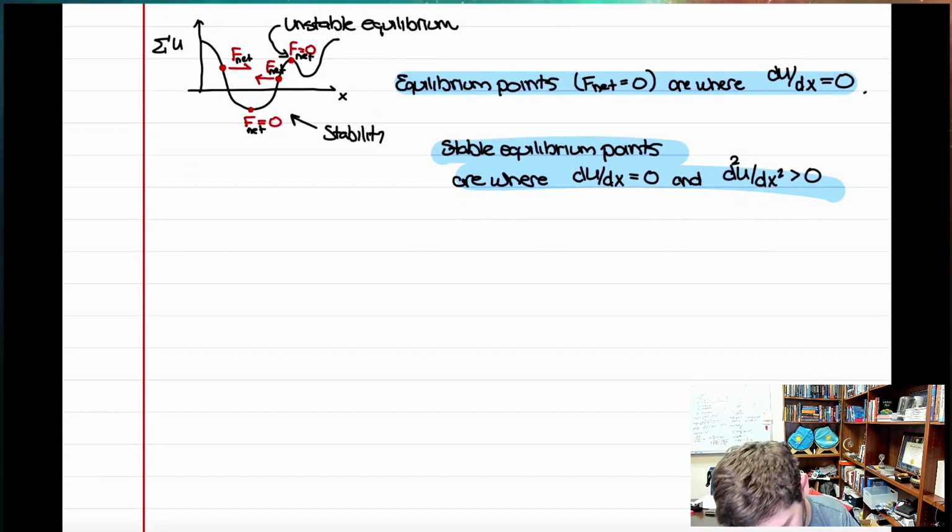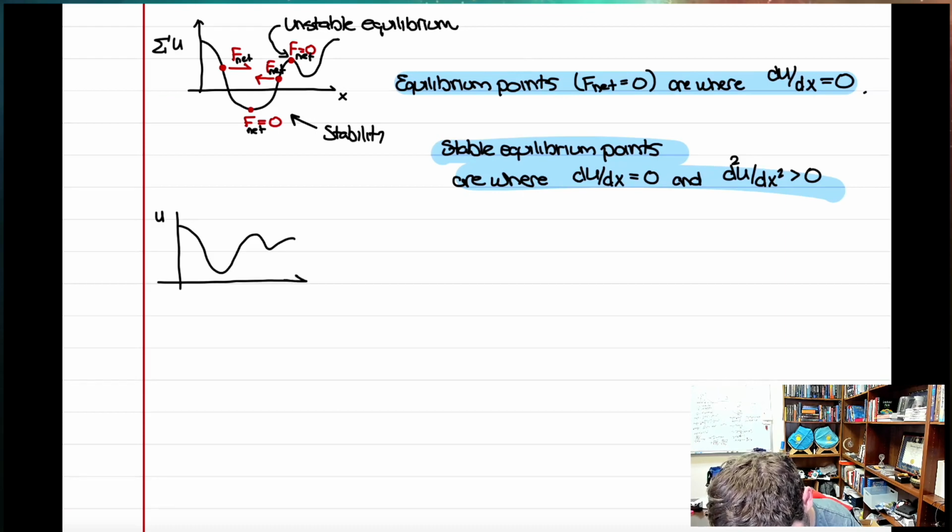So let's see, for example, if I had a function where this is my potential energy, let's just stick with one potential energy, and maybe this is u sub 1, this is u sub 1 divided by 2, and then this is 0.